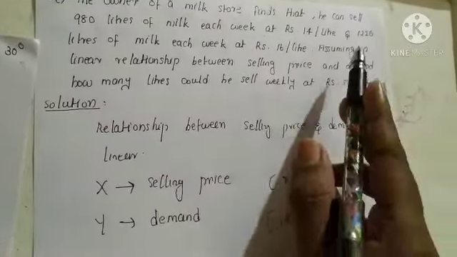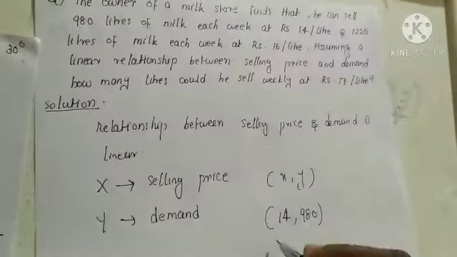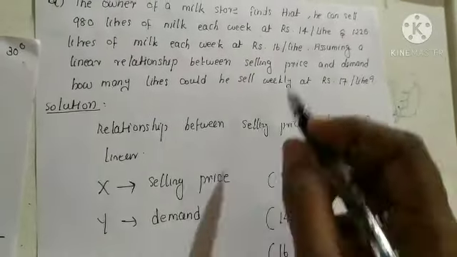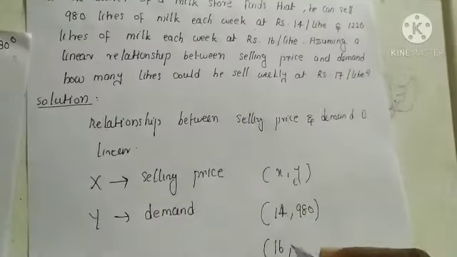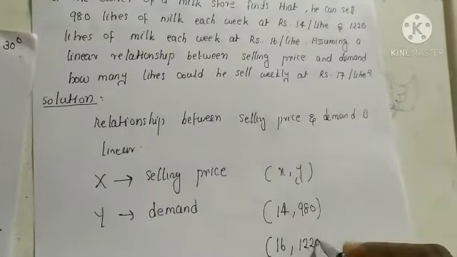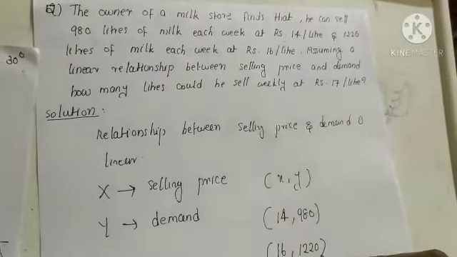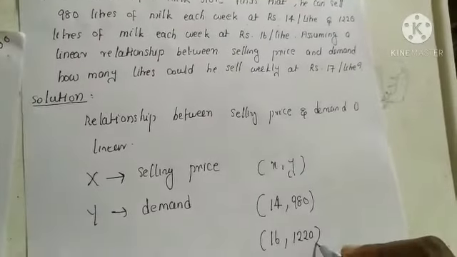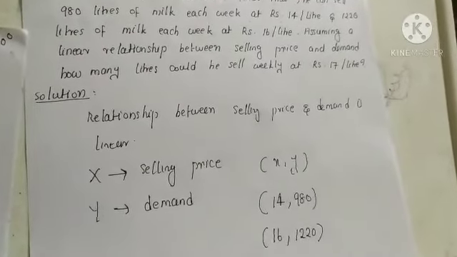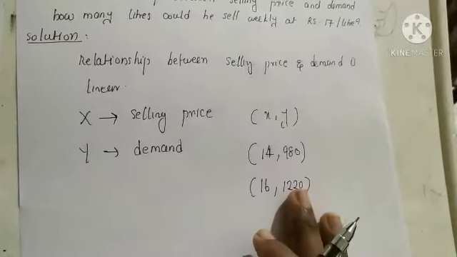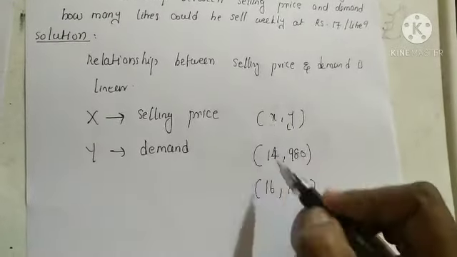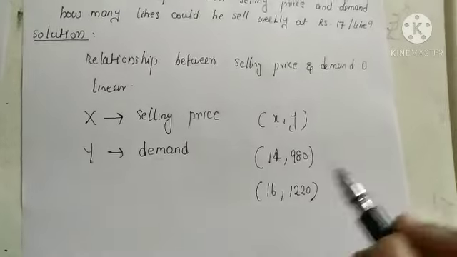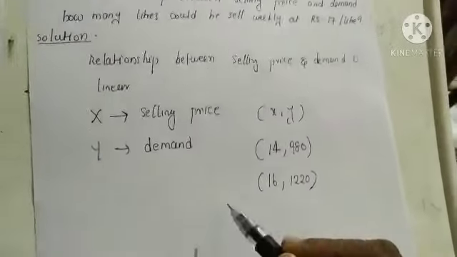And also given that at rupees 16 per liter, he can sell 1220 liters of milk. Okay, so these are the 2 points. So note that in the x-axis we are representing selling price and in the y-axis it is demand.